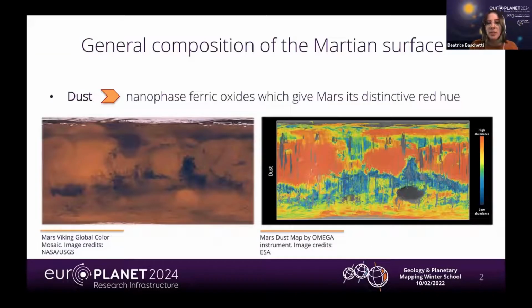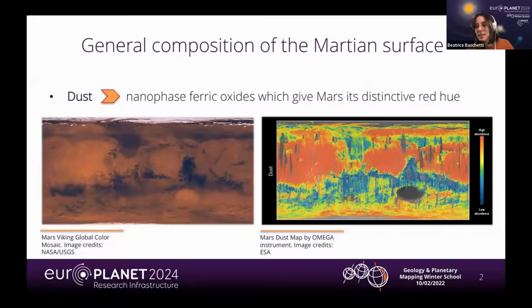Okay, so the first thing that one notices when looking at the surface of Mars is, of course, this red color. And this is due to the presence of dust. Dust is almost everywhere on the surface and is made of mainly nanophase ferric oxides. But there are some areas on the surface of Mars that are dustier than others. As you can see from these two images, the brighter areas of Mars are also the dustier ones, while the darker areas are not so dust covered.